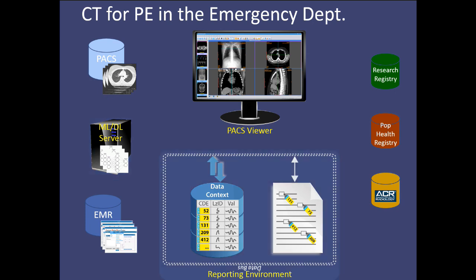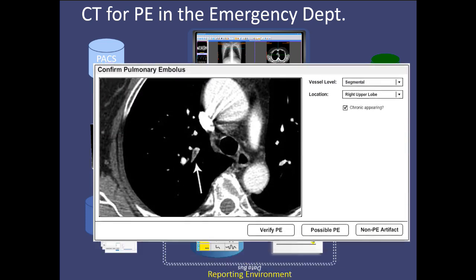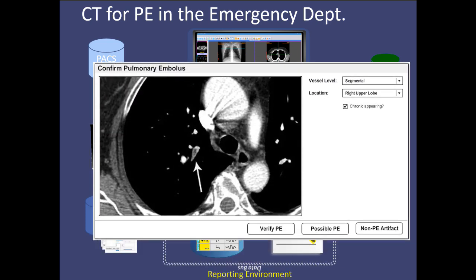And then when I actually go to open the reporting environment and I start to create my report on this PE-CT, what can happen is that it can send a signal to the PACS, and my PACS viewer can then access that information in the data context that the reporting environment has put together, and bring me right to the appropriate images and show me the image and point out the feature that was extracted by the machine learning tool, and then maybe even ask me some other questions about that, ask me to verify the finding or something like that.